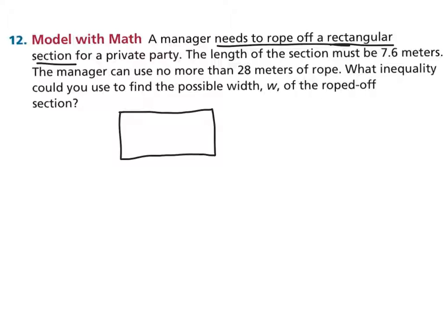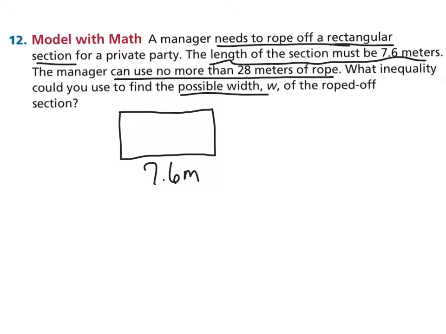It might help you even. Length of the section must be 7.6 meters. So length is usually the bigger dimension, longer dimension. And the manager can use no more than 28 meters of rope. What inequality would you use to find the possible width W of the roped off section?